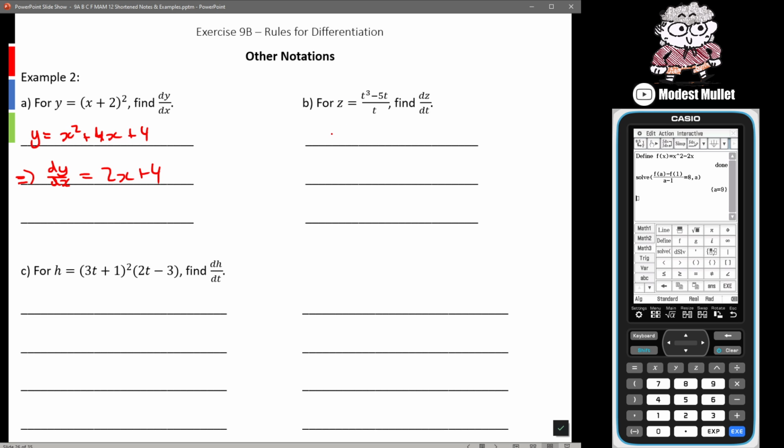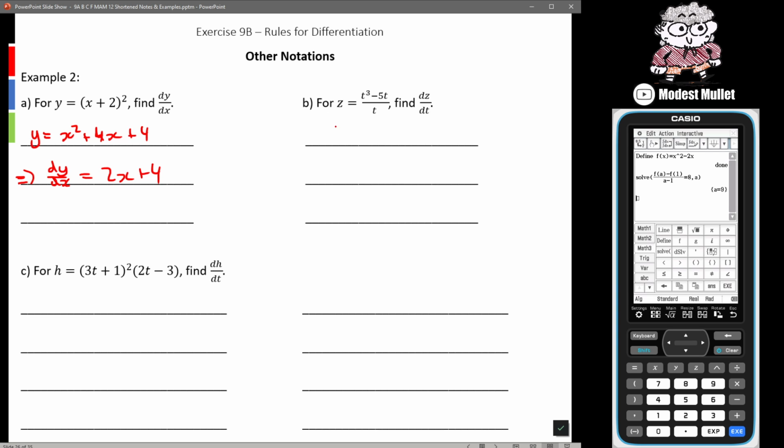Same thing for b here. Because we have a variable in the denominator, we can't just do these as individual terms. We need to try and cancel that out first before we can apply the power rule. Pretty much need to have it written as a regular polynomial to apply the power rule.